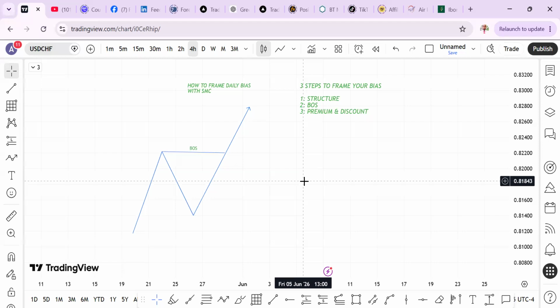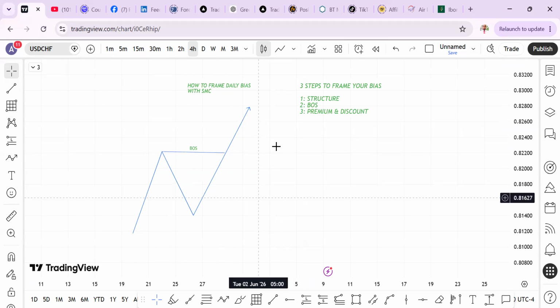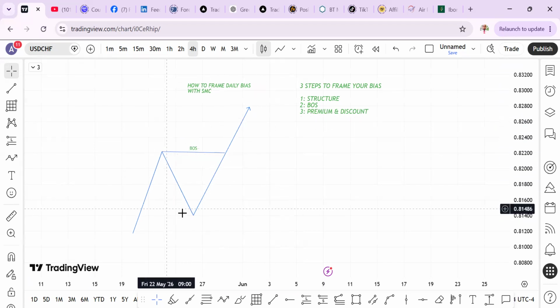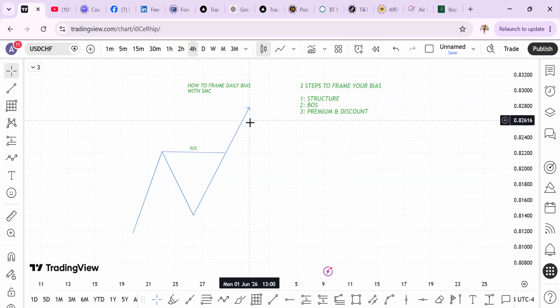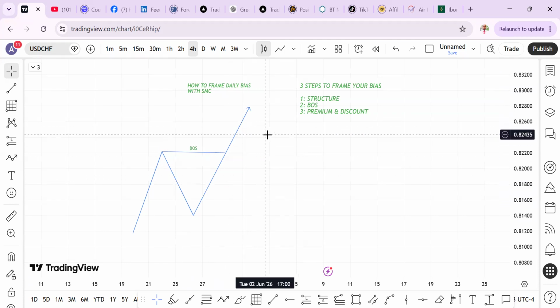So the first thing is, which is the direction for today? Are we bullish or are we bearish? Now, by marking out my break of structure, I know that we are bullish. So 4 hours has confirmed by this break of structure that we are bullish. Whatever I want to do in the market is to look for a buy opportunity.